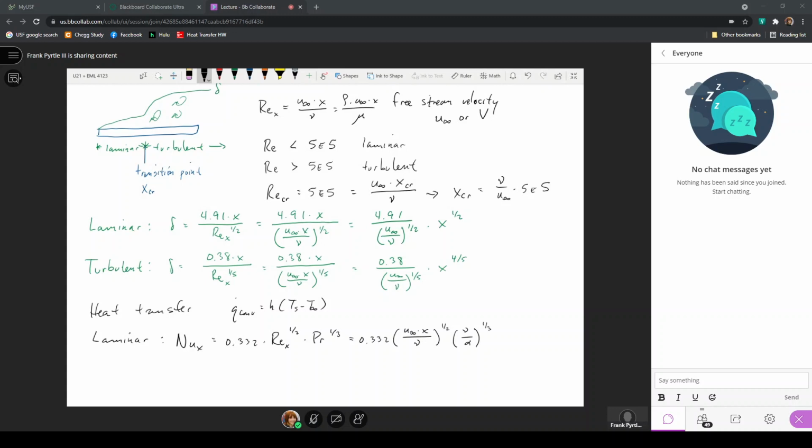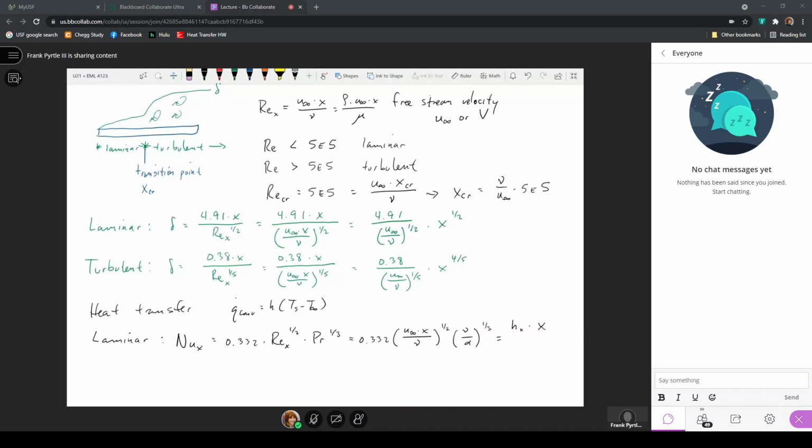Now, the Nusselt number is not enough yet. That's just, again, a dimensionless parameter. The local Nusselt number, Nu sub x, is defined as the local heat transfer coefficient times the x position divided by the thermal conductivity of the fluid.